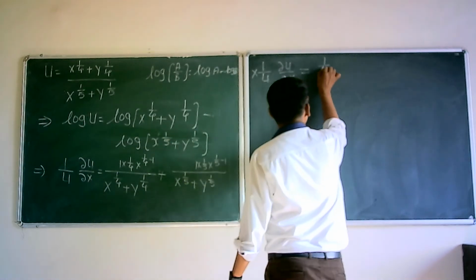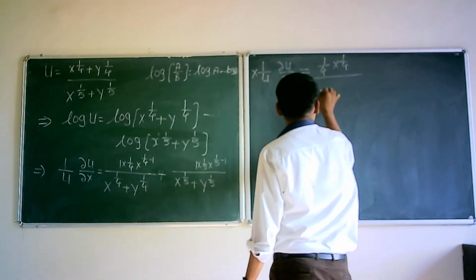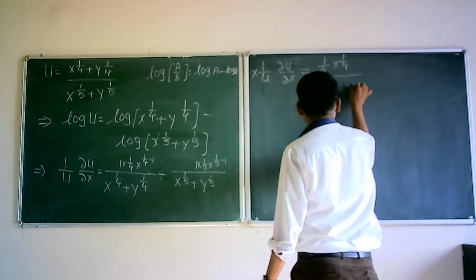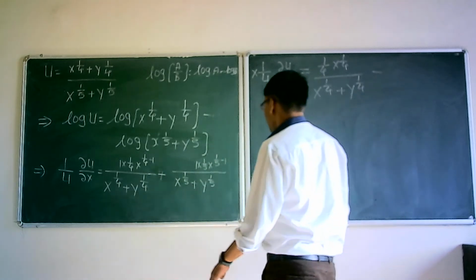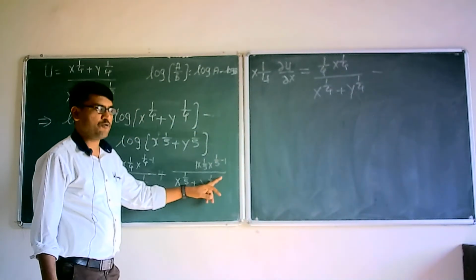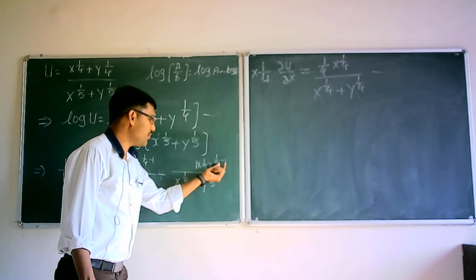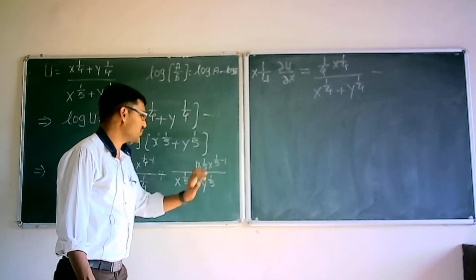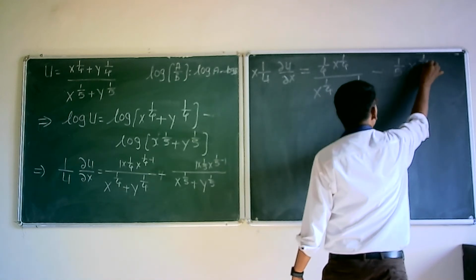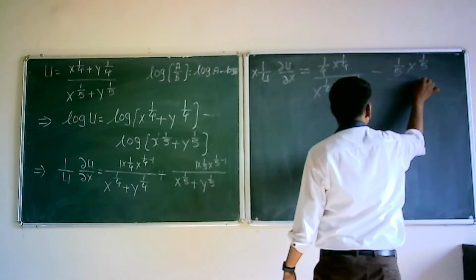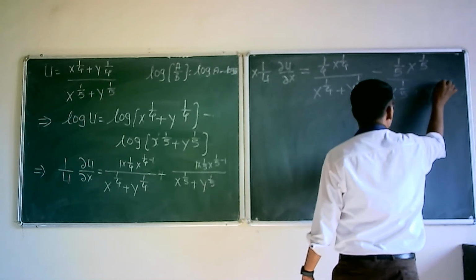It is 1 by 4 x raised to 1 by 4 divided by x raised to 1 by 4 plus y raised to 1 by 4 minus, again here also x raised to 1 by 5 minus 1. Since if you multiply by x, what happens here? X raised to 1 by 5 minus 1 and plus 1, minus 1 plus 1 get cancelled here. 1 by 5 x raised to 1 by 5, divided by x raised to 1 by 5 plus y raised to 1 by 5.